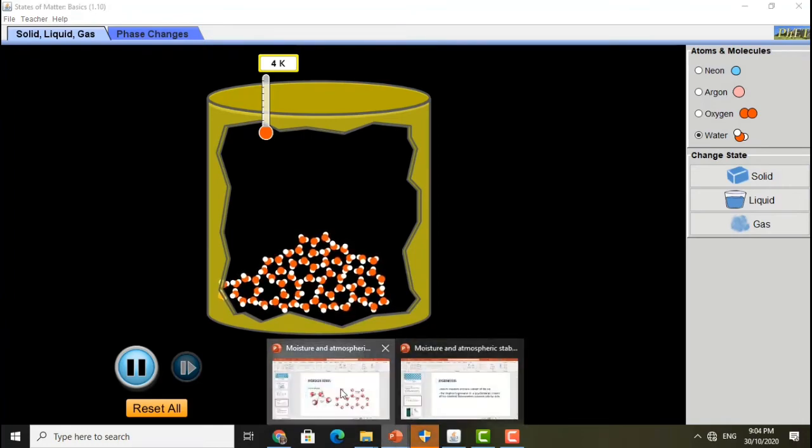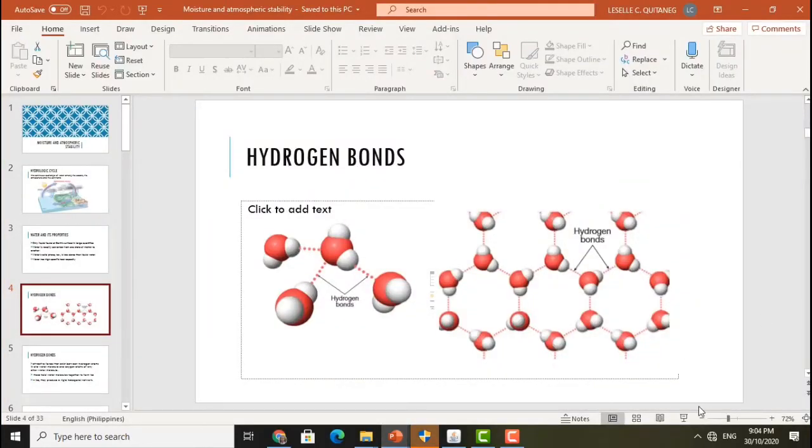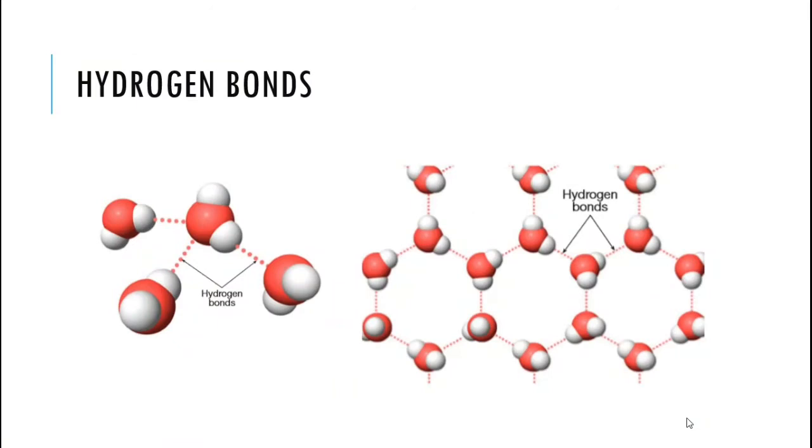So let's go back to this one. Okay, so you can see here hydrogen bonds. Hydrogen bonds are formed if you have liquid water and you transform it to ice by cooling it down. But take note also that the hexagonal formation, or the hexagonal crystals of the water, is responsible for its expansion when it's cooled down.